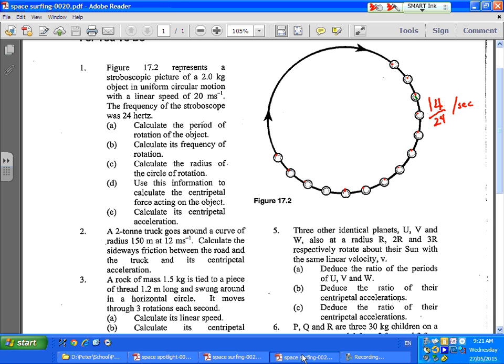Is that diagram after 1 second? No, you get 24 flashes per second. It's 24 hertz. Hertz means how many flashes per second. So there's 14 flashes, which means to go from there to there is 14 out of a possible 24 for 1 second. So it's 14 24ths of a second to go from there to there.